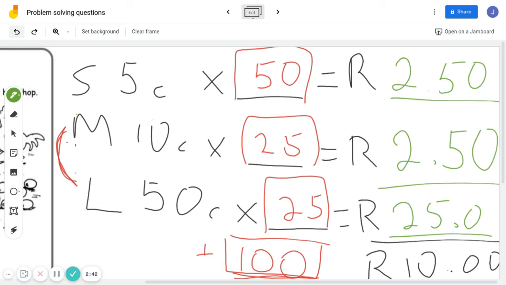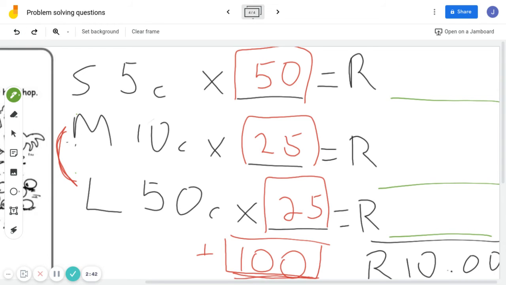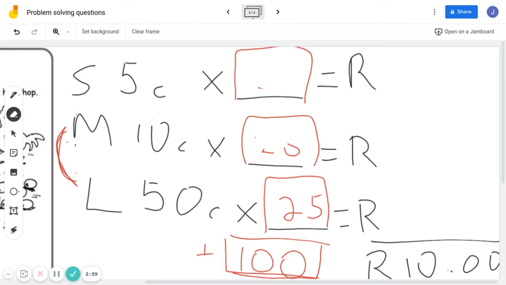So let me just undo all of this. I'm going to erase these numbers here. What I know immediately is the amount of eggs I'm ordering for large is far too big.